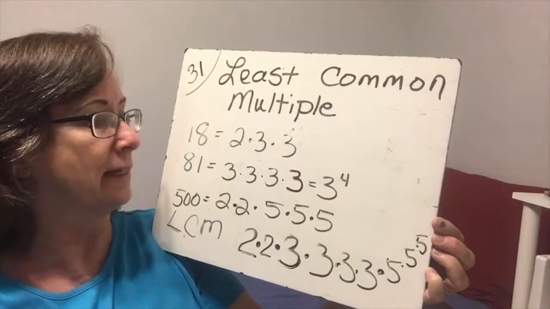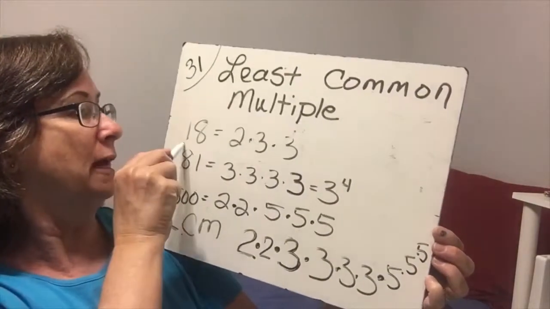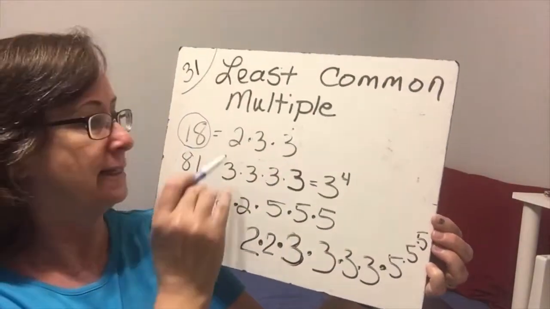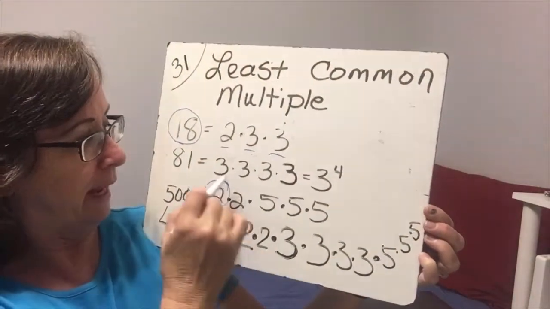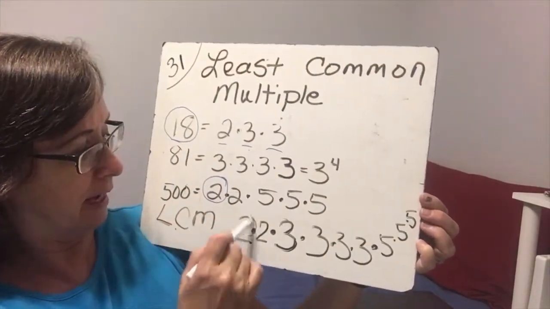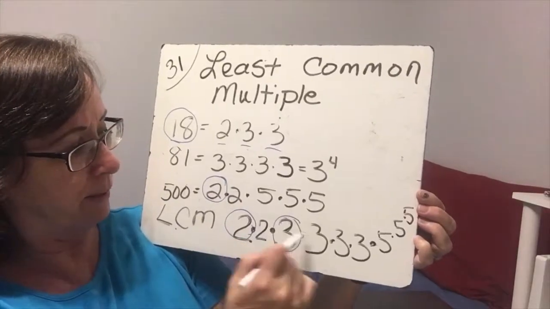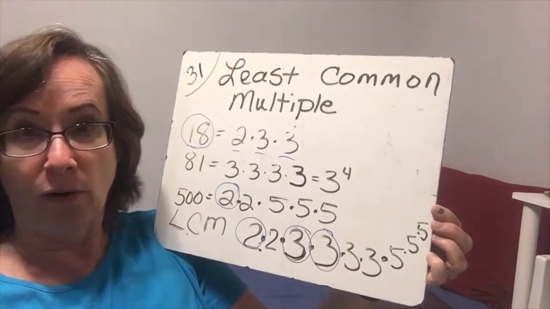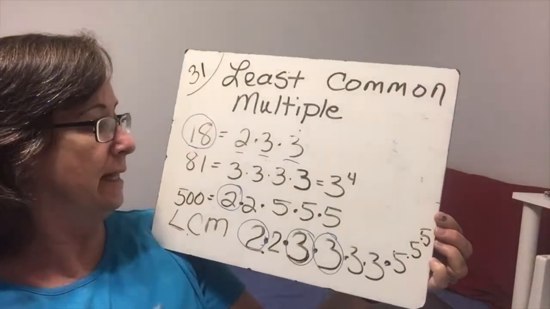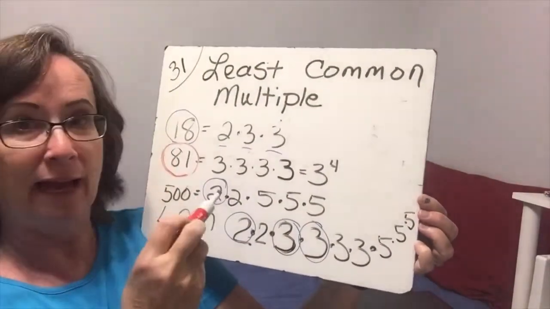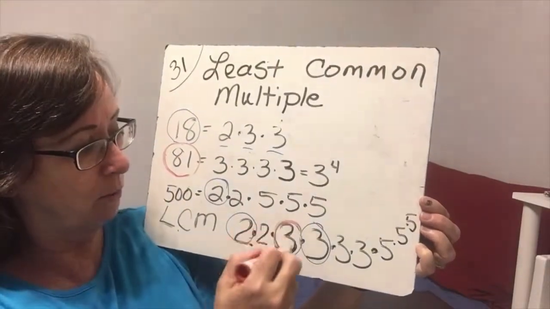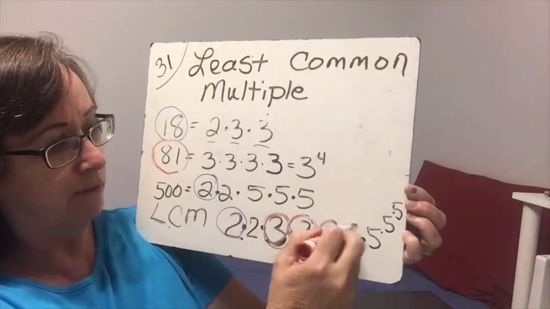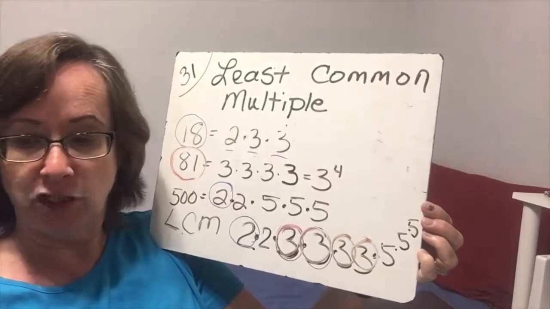So let's check. For the number 18, I need to see a 2 and 2 3s. A 2 and, whoopsie, I'm down here, a 2 and 2 3s. Okay, for the number 81, I have to see 4 3s, but they can share. So 1, 2, 3, 4 3s, they can share.